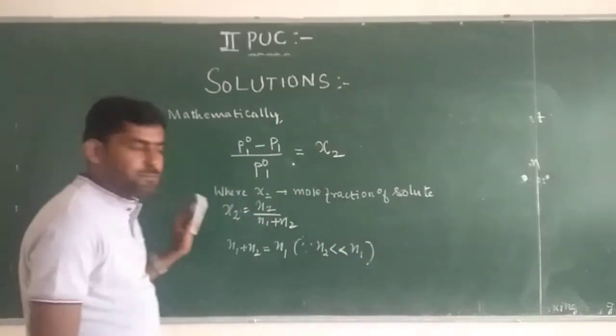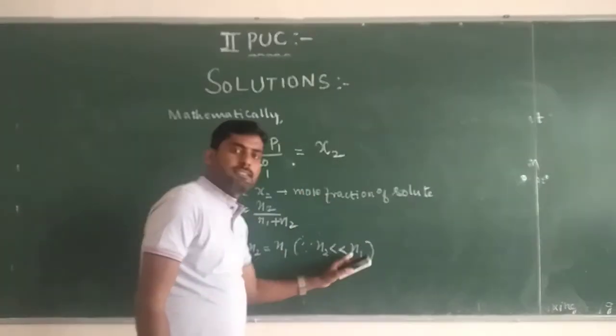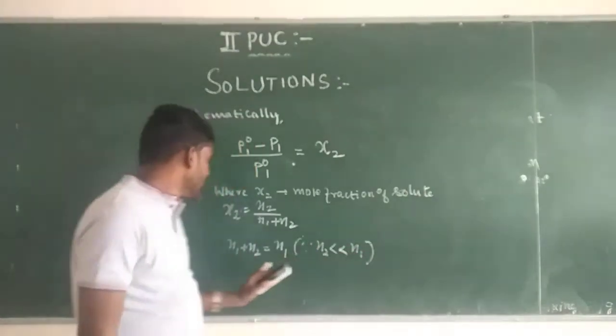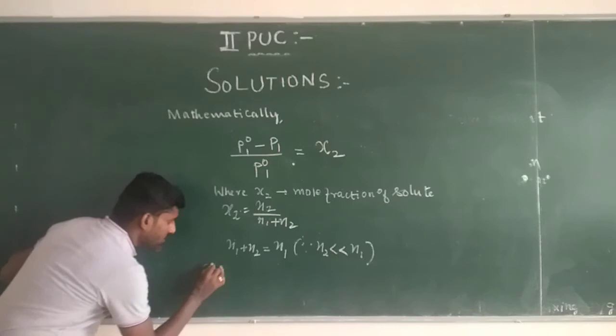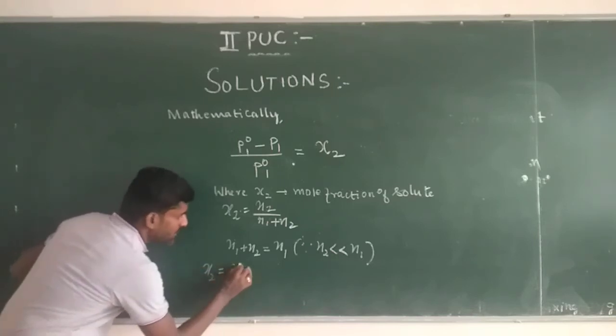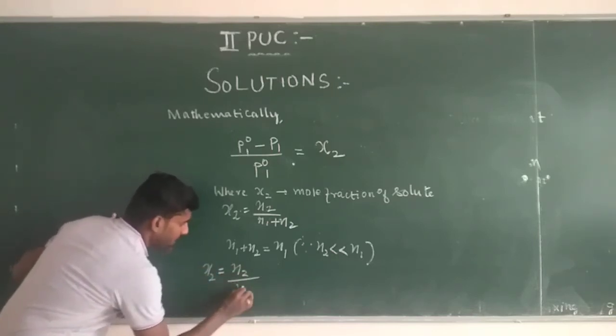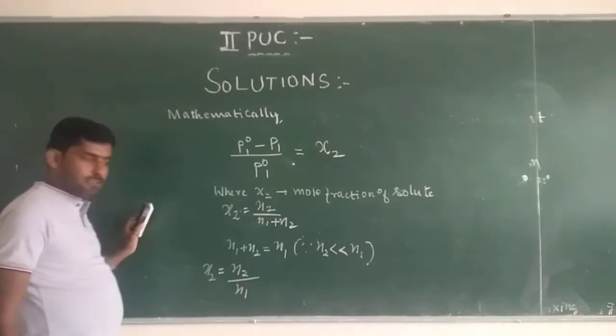So X2 can be written as N2 divided by N1.